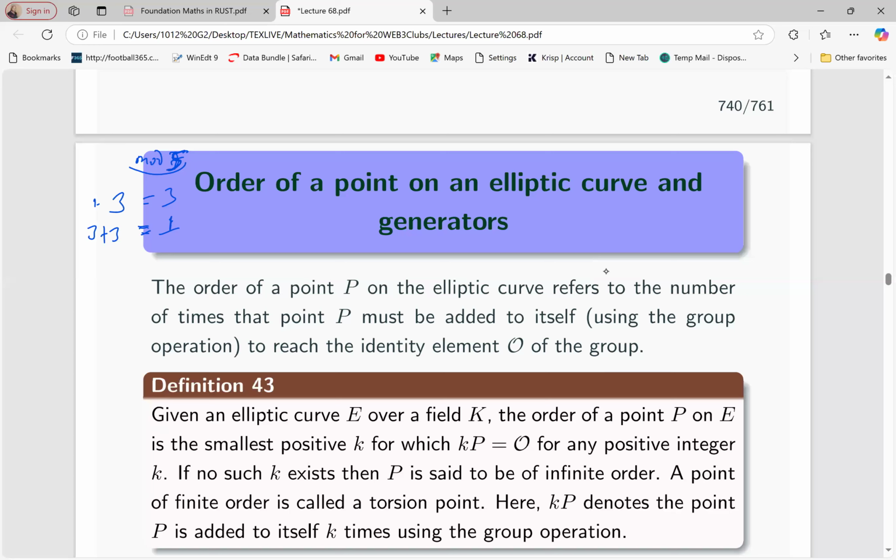The identity of the group Z mod 5 is 0. So we add it until we get 0. Now, 3 times will be 4, because I'm doing it mod 5.